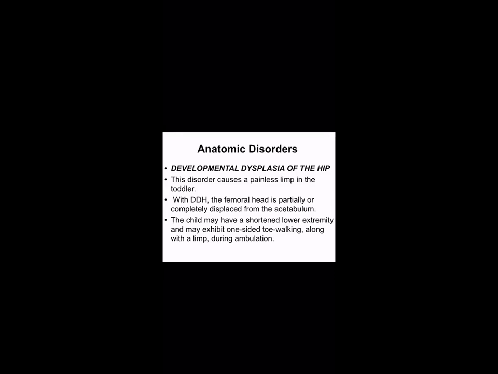They will have a short limb gait, as we said, and on local examination you can find the Galeazzi sign or limited abduction. The difficulty comes in the bilaterals. As we mentioned in the previous lecture, you have to do the classic sign.